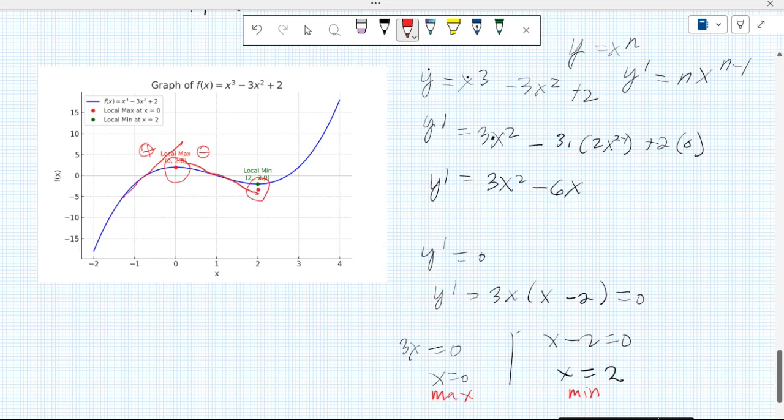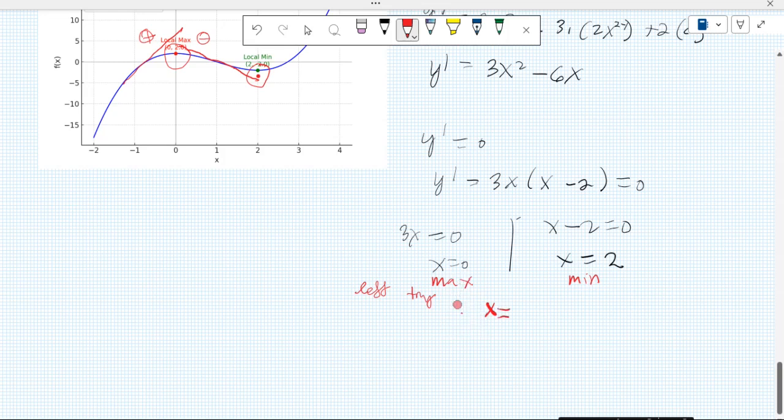So from the first derivative, on the left side, we try to substitute a value to the left of 0. Say for example, try x equals negative 1. What's the value for the first derivative?